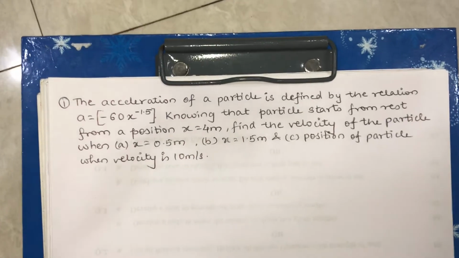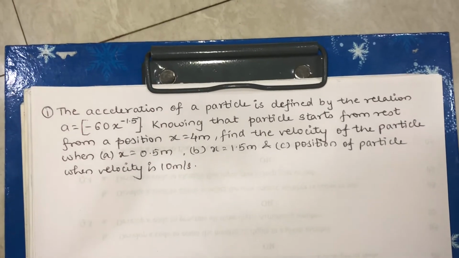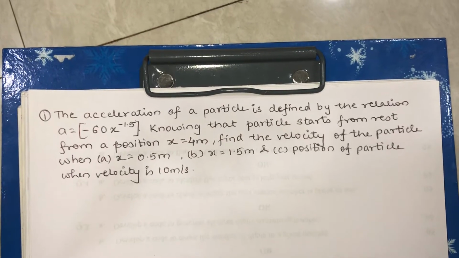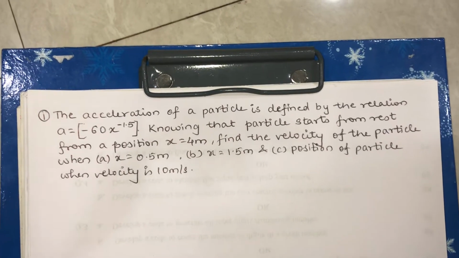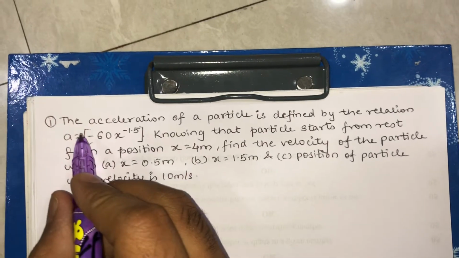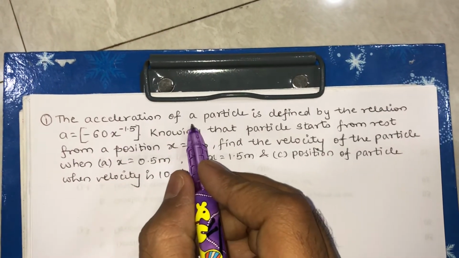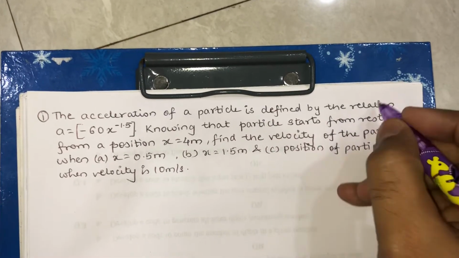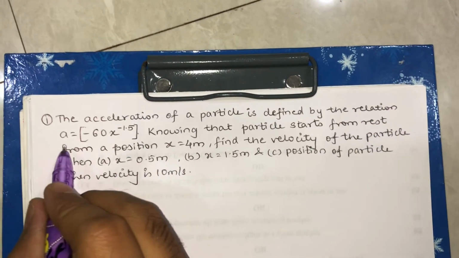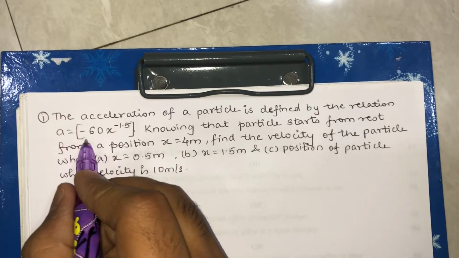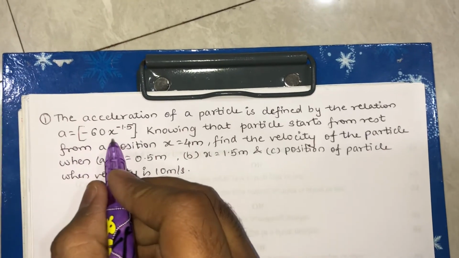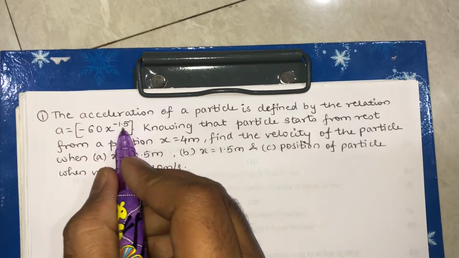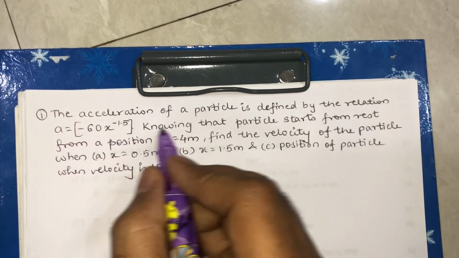Hello students, today we'll be doing the first problem based on variable acceleration. The question says the acceleration of a particle is defined by the relation a equals minus 60 x raised to minus 1.5, in meters per second squared.